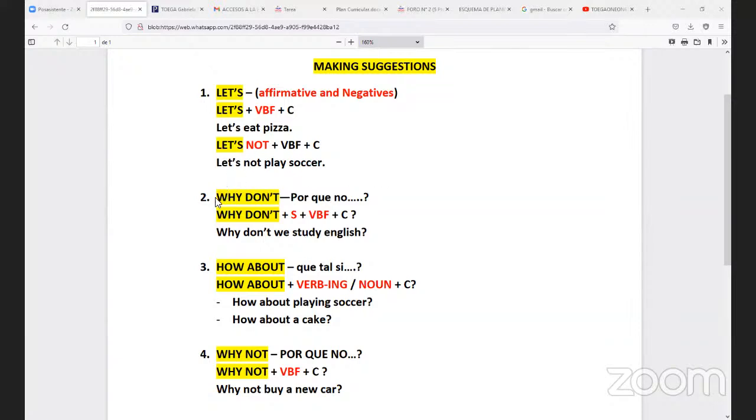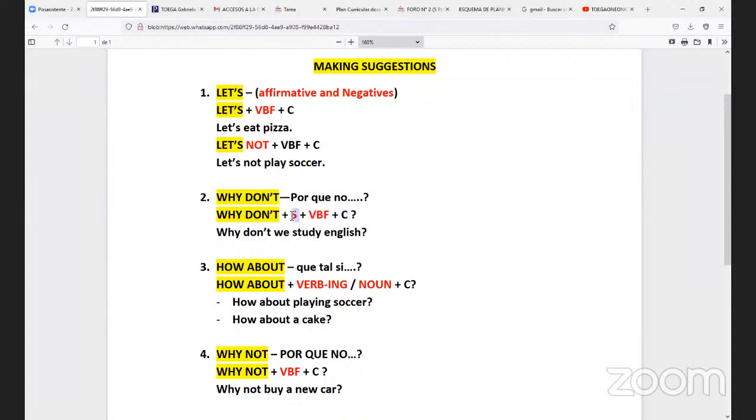The first way is why don't. The meaning is ¿por qué no? The structure is why don't, the subject, the verb in base form, and the complement.